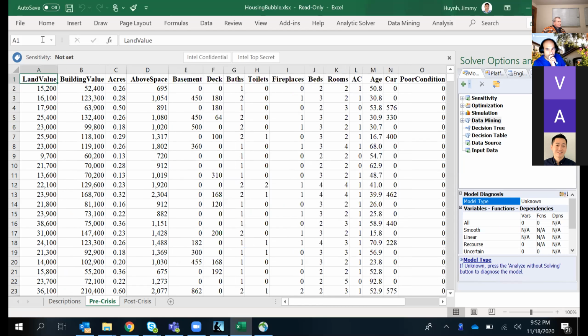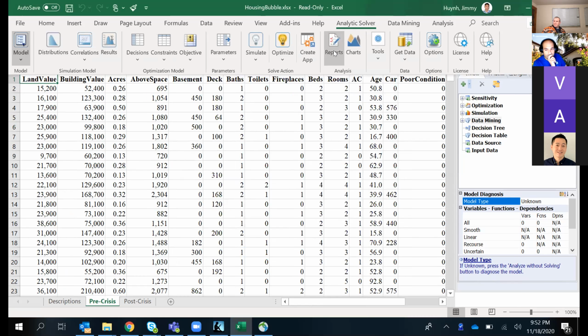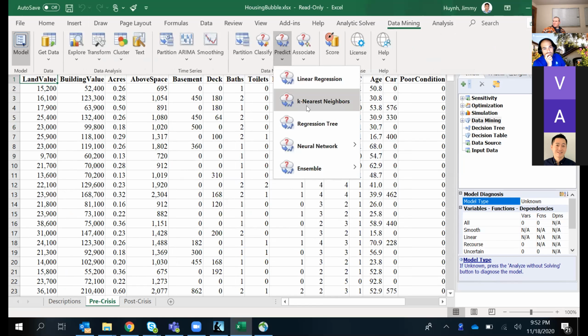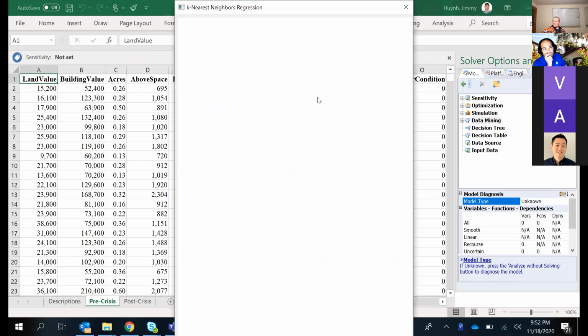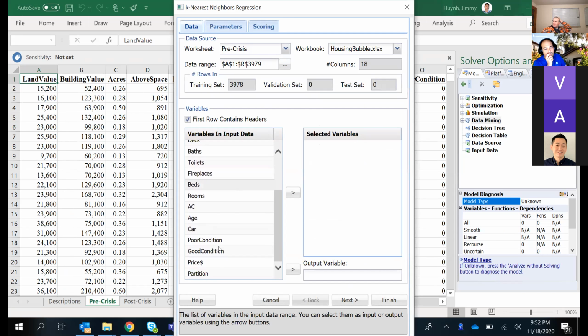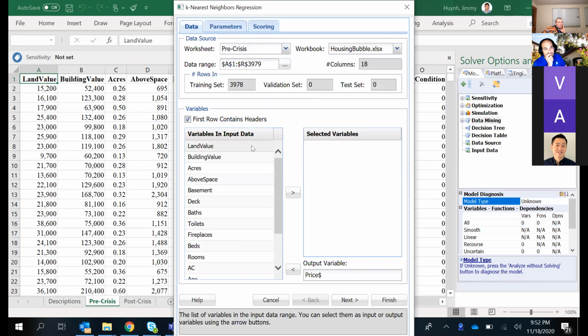Okay, I want all of them. I want price as my output. I want everything else except partition.